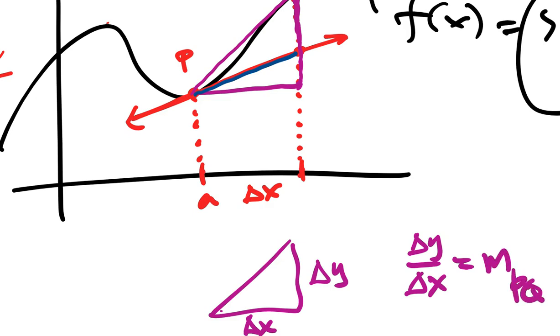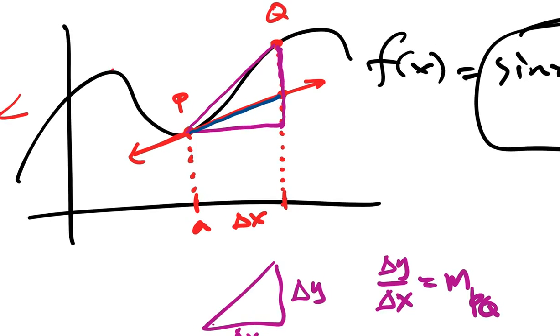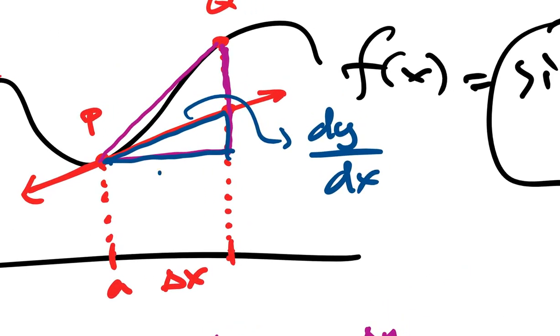What I can do, though, is approximate that slope using the derivative of the function instead. I will do that in blue. So now this slope here is dy over dx, where dx is here and dy is there.